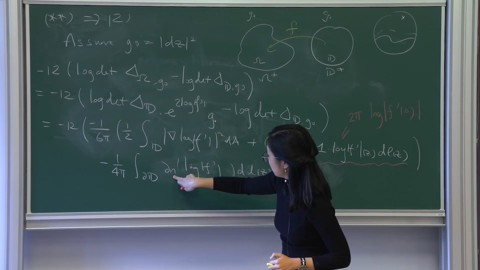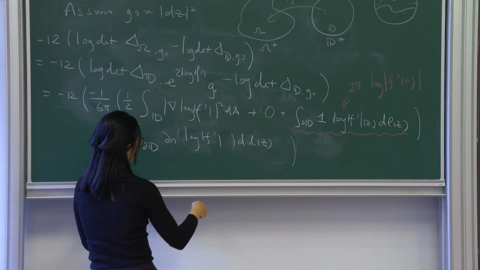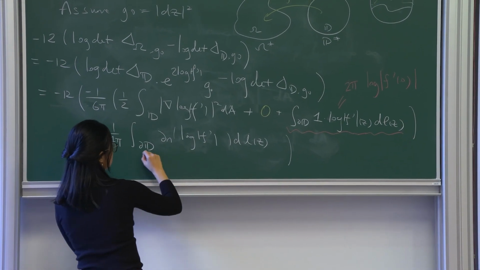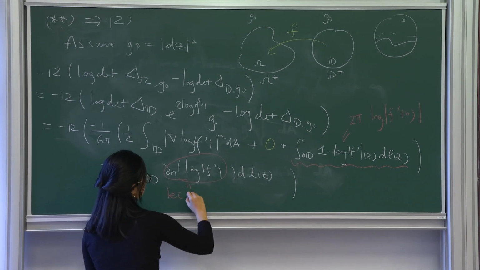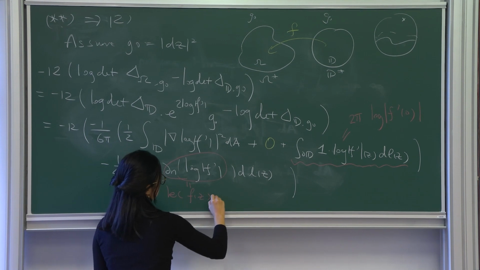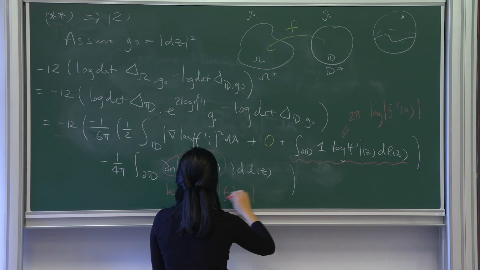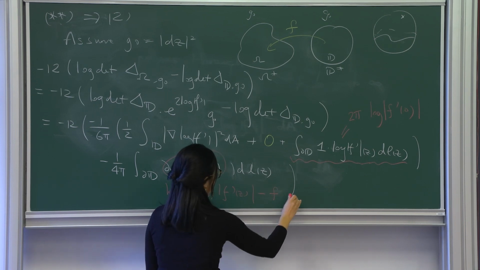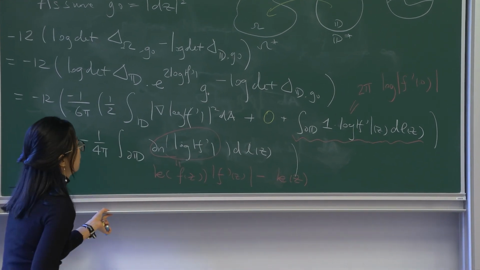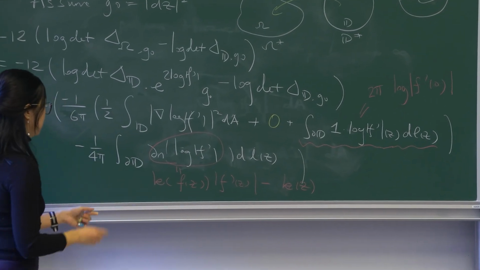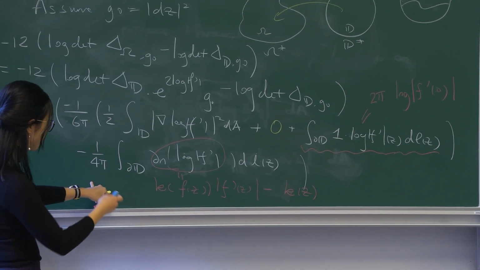And here the normal derivative, you have the length that changes, which actually doesn't matter. But we can still do the same trick as before. This will be the k of f of z times f prime of z minus k of z. So these two terms, it is the same trick as before.